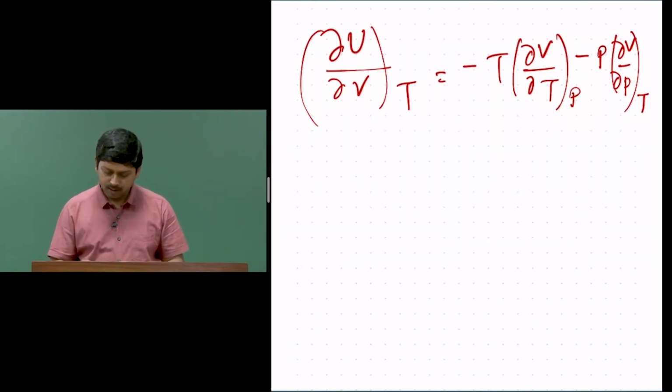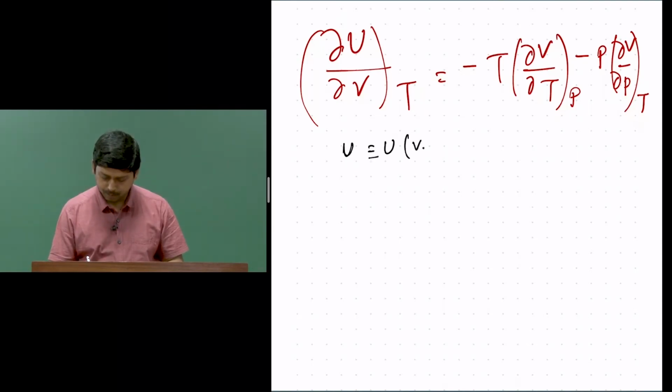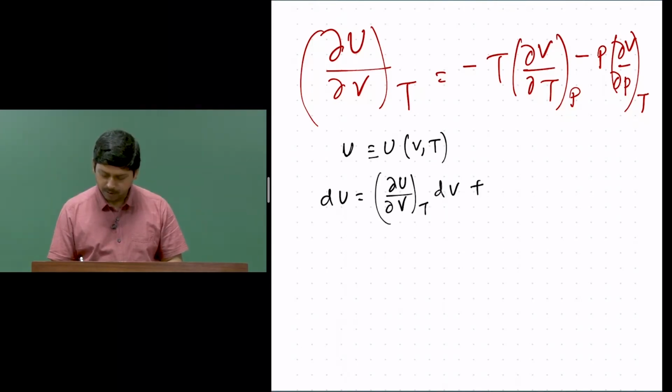So, we can start with U as a function of V and T, and we can expand U in terms of V and T. So, dU equals del U by del V at constant T dV plus del U by del T at constant V dT.